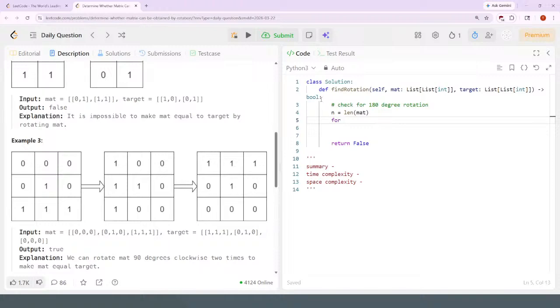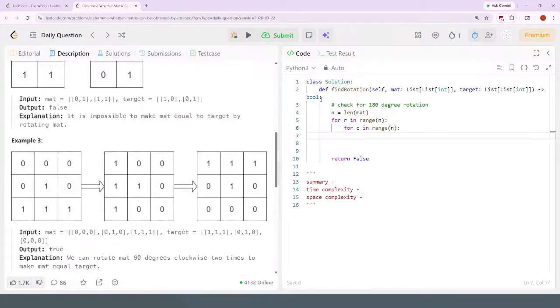And then for every r, which is row index, in range n, and for every c in range n, the position r, c corresponds to the position n minus r, n minus c, the complementary row, complementary column.